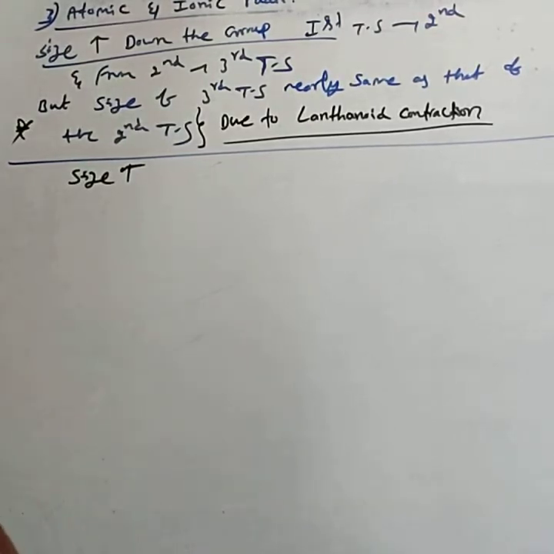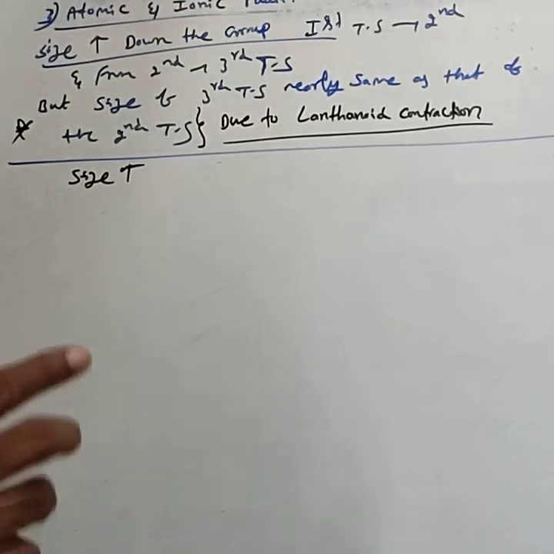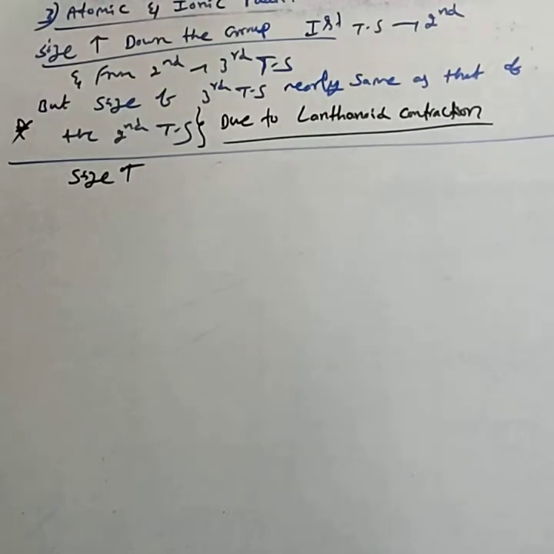Simple definition: the change in atomic size with increase in atomic number across the lanthanides, we can call the lanthanide contraction.